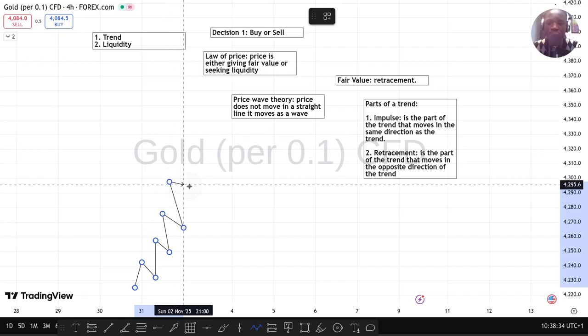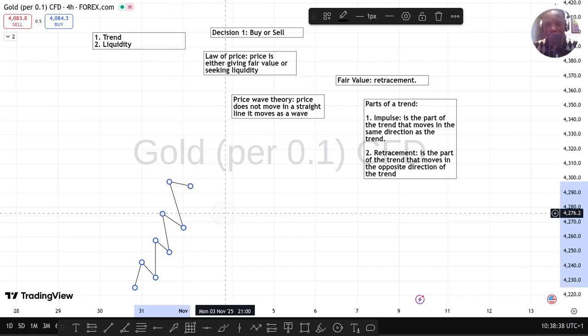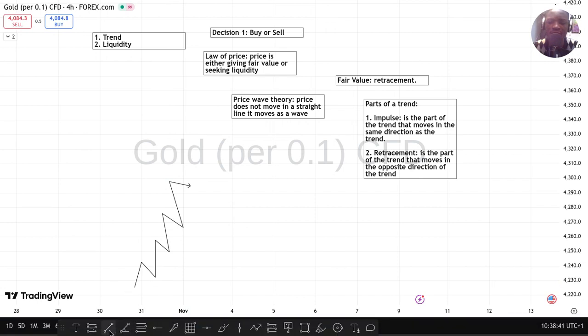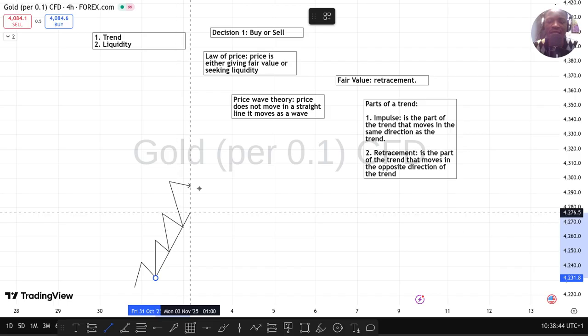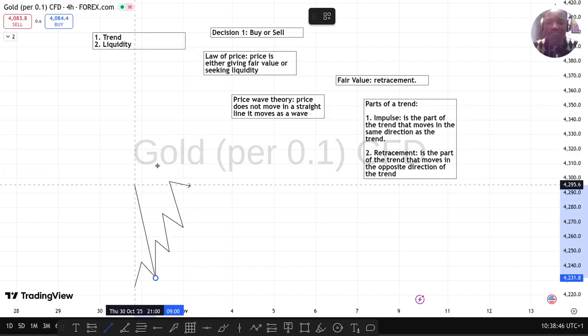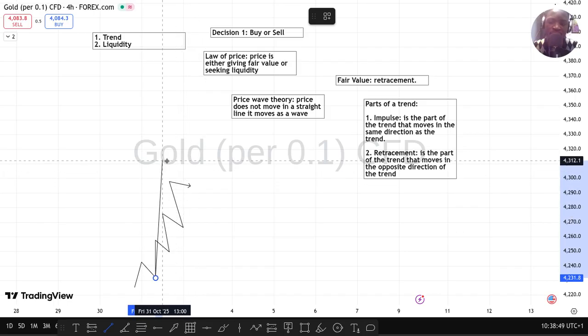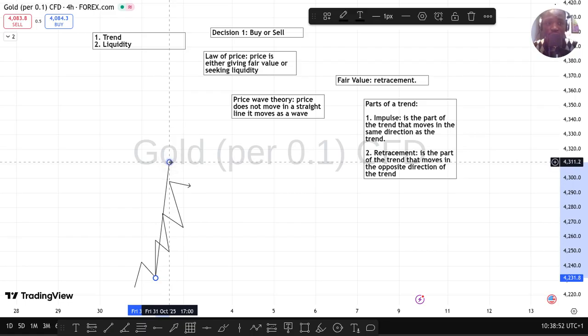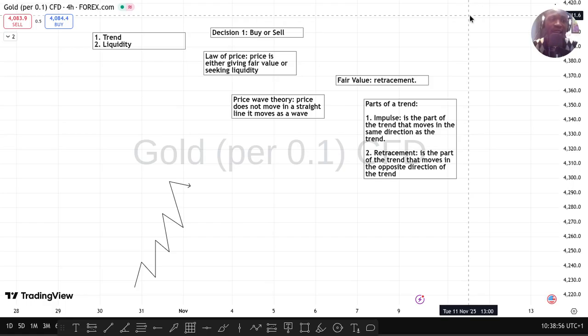But when we check the overall direction of this market, we will get to see that the market is going higher. It's moving higher, right? And that's what qualifies it as an uptrend. Mind you, take note that if a market is in a downtrend, that's selling, you are going to be seeing buying and selling happening at the same time too. If a market is in an uptrend, you're going to be seeing buying and selling happening at the same time too, right? That's where the understanding of how price moves comes in.